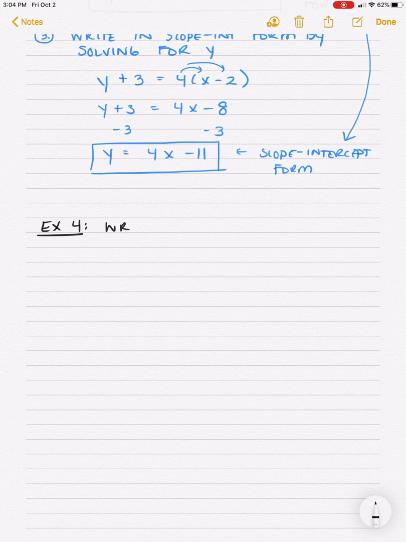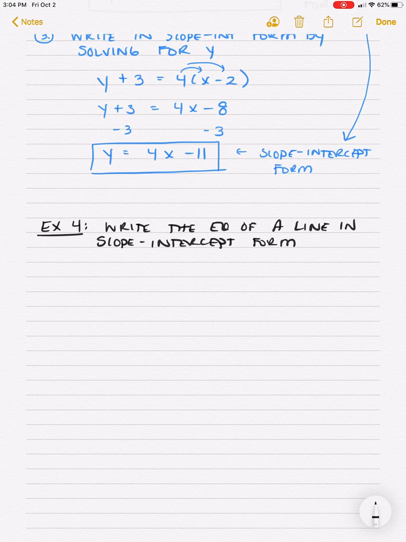I want you to write the equation of a line in slope-intercept form passing through the points 2, 4, and 1, 8.